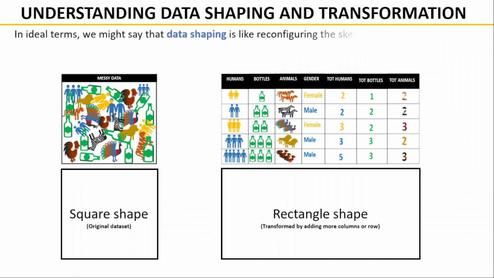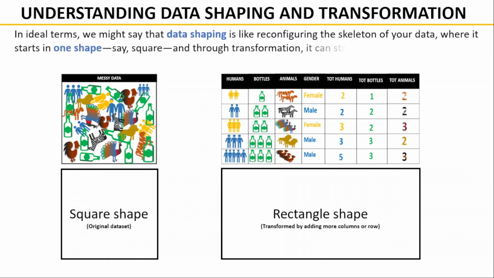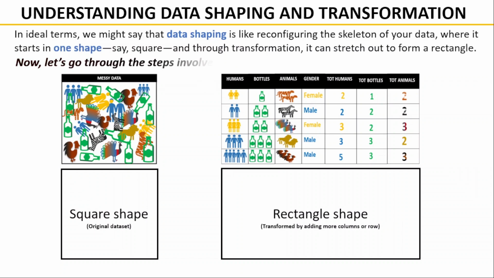In ideal terms, we might say that data shaping is like reconfiguring the skeleton of your data, where it starts in one shape, say square, and through transformation, it can stretch out to form a rectangle.